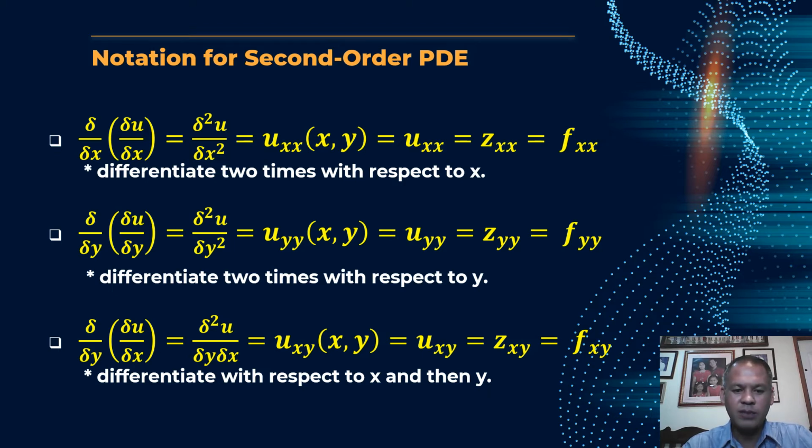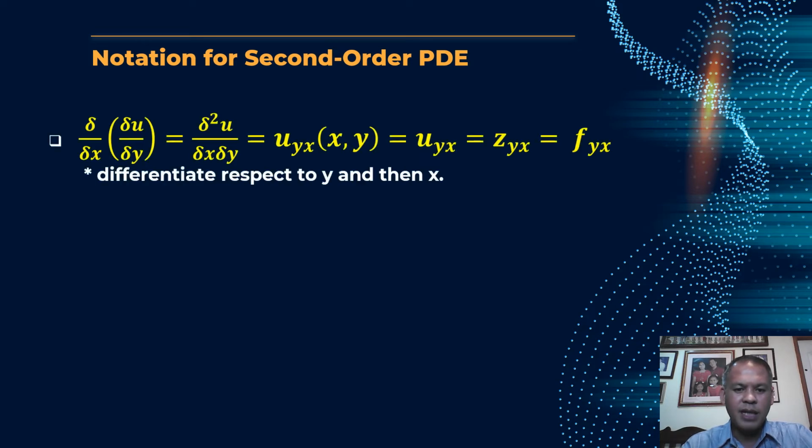This means we can differentiate with respect to x and then y. So that means we have to differentiate first in terms of x, and after that, we have to differentiate again in terms of y.